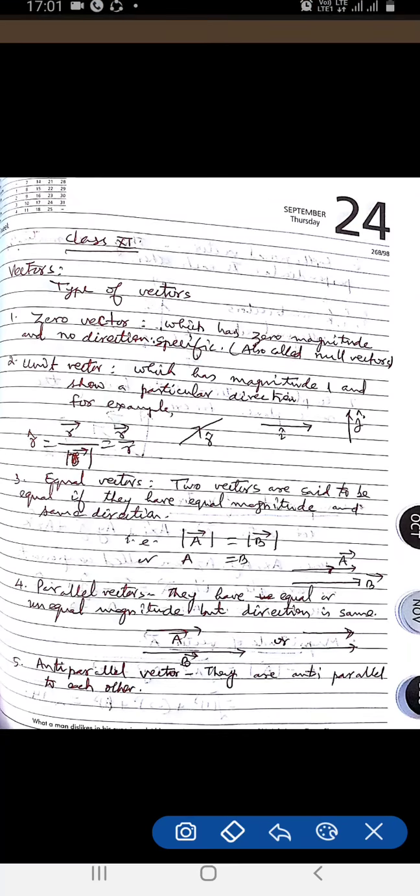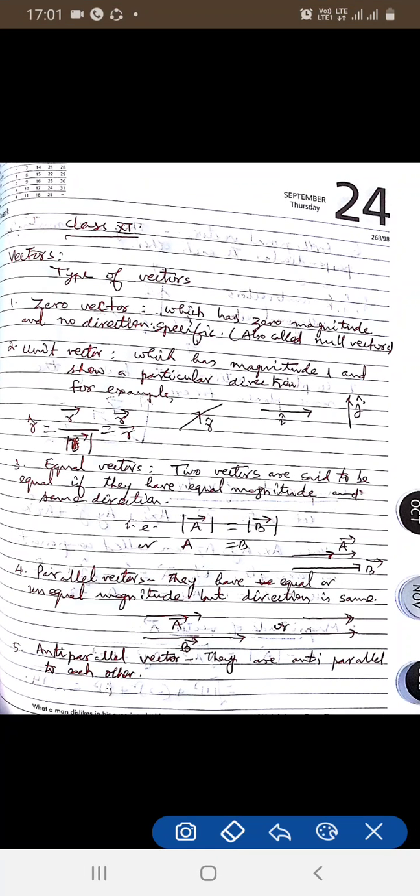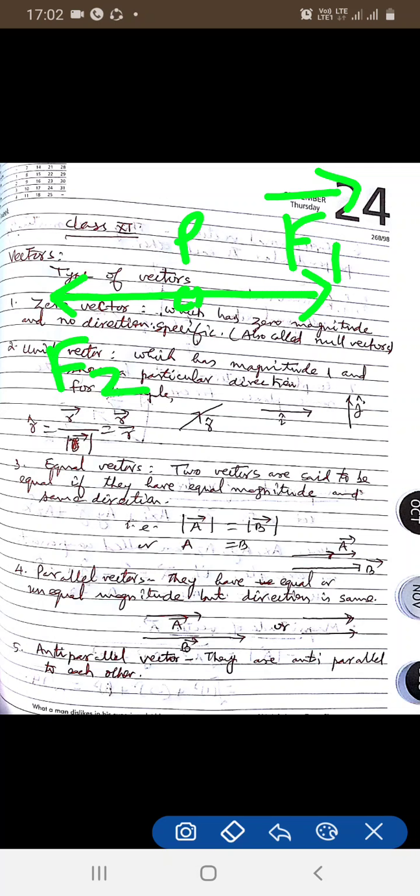Zero vector means suppose at this point the direction of force vector F1 is in the x direction, and here at the same point P the direction of force vector F2 is in minus x direction.